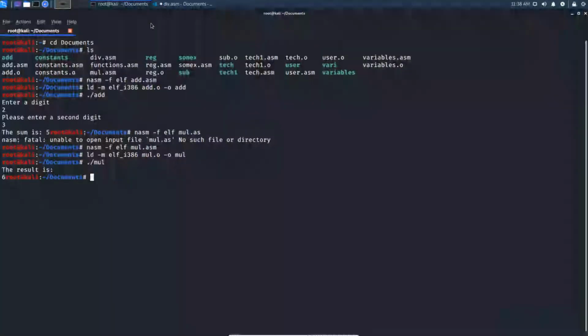So let us compile the program once. See here, the result is 4.